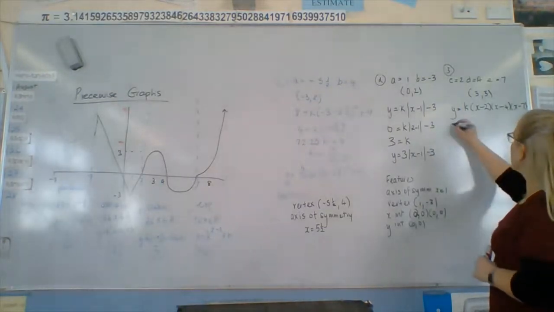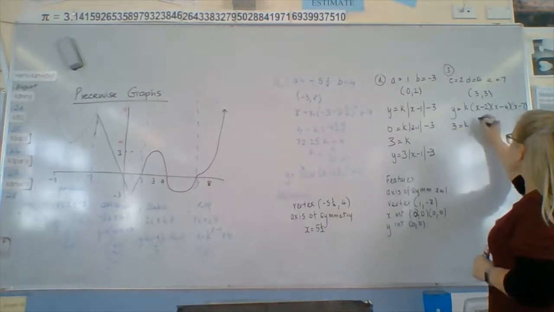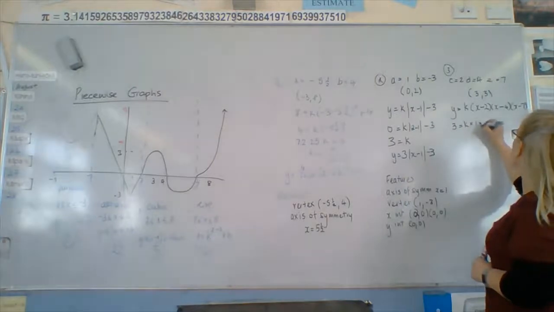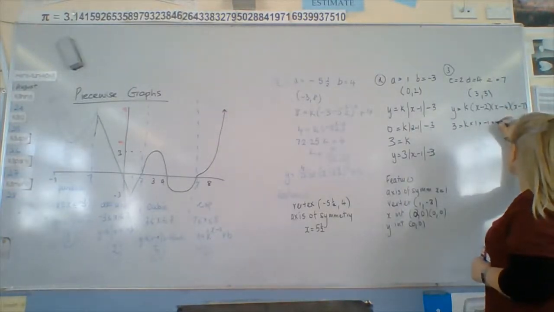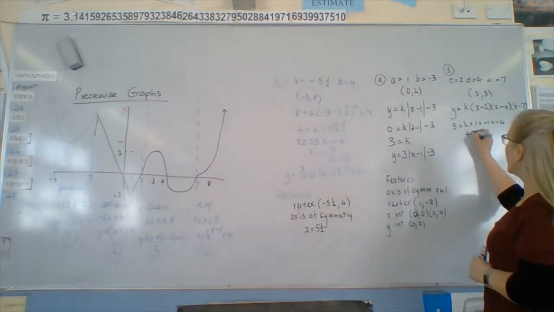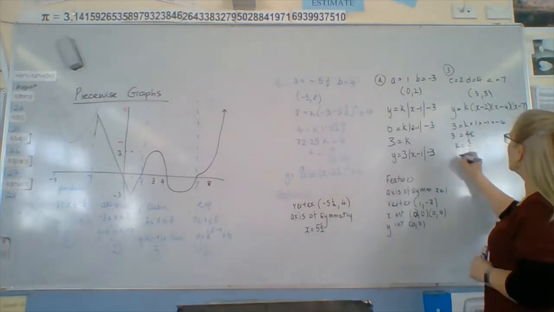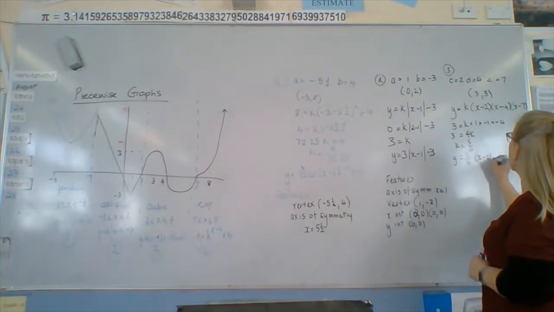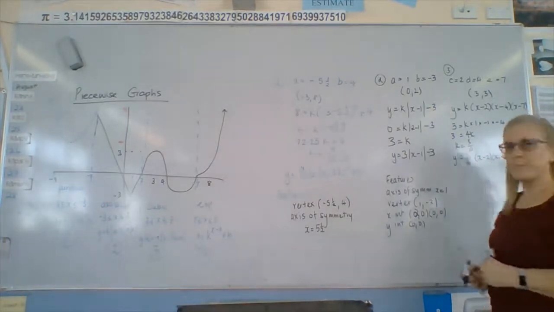We want to find 3 equals K. 3 minus 2 is 1. 3 minus 4 is -1. 3 minus 7 is -4. Times those all together and we get 4K. So K equals 3/4. Y equals 3/4 (x minus 2)(x minus 4)(x minus 7).